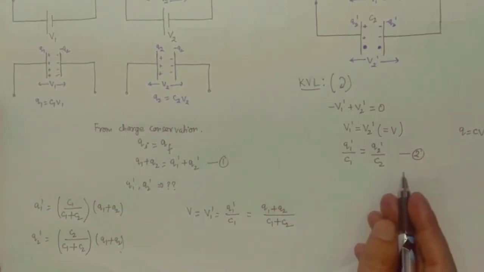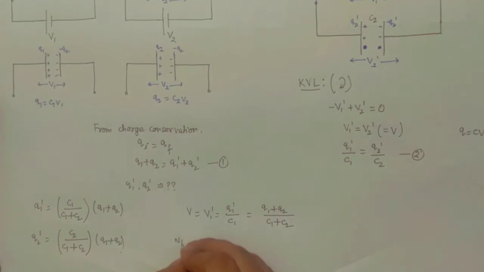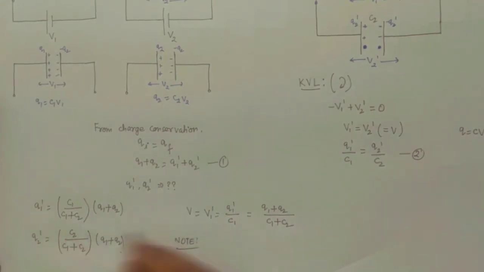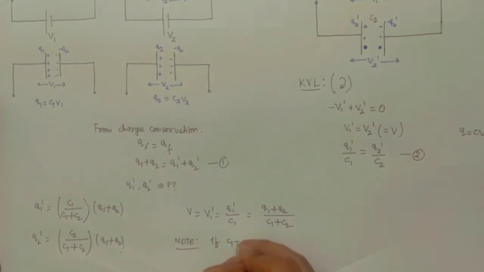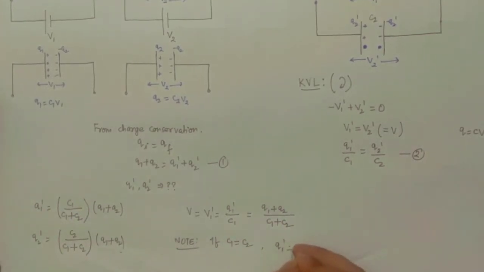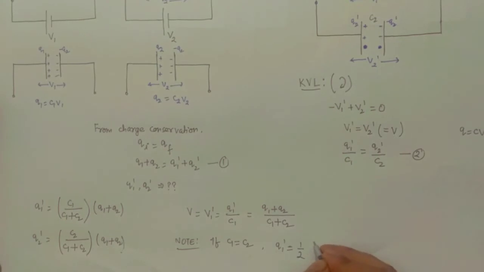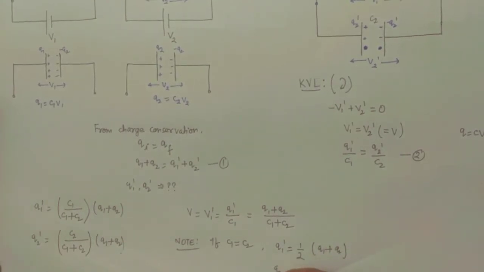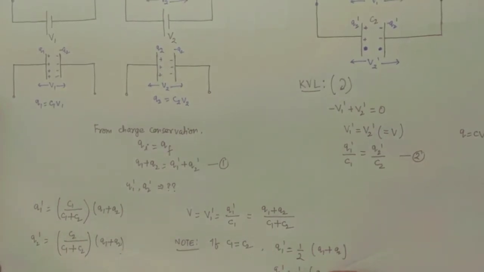And one more point, remember here that if C1 is equal to C2, that is the capacitance of both the capacitors are equal, then the final charge on plate 1 will be equal to, put C1 equal to C2, so this term will become 1/2 (Q1 + Q2), and similarly Q2' will also be equal to 1/2 (Q1 + Q2).